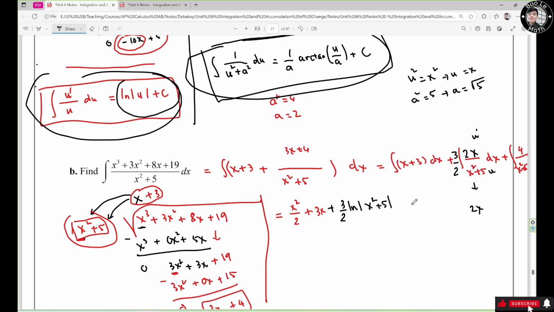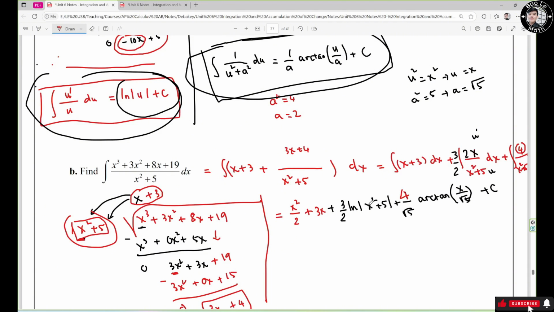So this turns out to be plus 1 over the square root of 5 arctangent of u over a, which means s over the square root of 5, and then plus c. And don't forget to multiply by 4 right here, so you have 4 times 1 over the square root of 5.